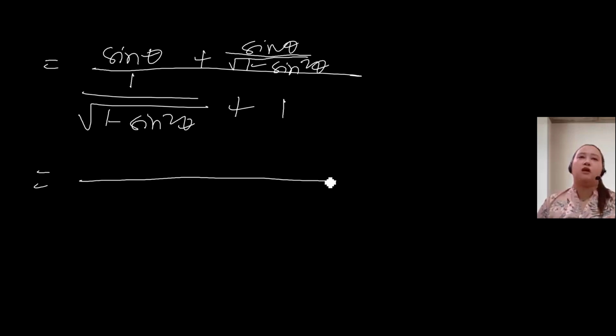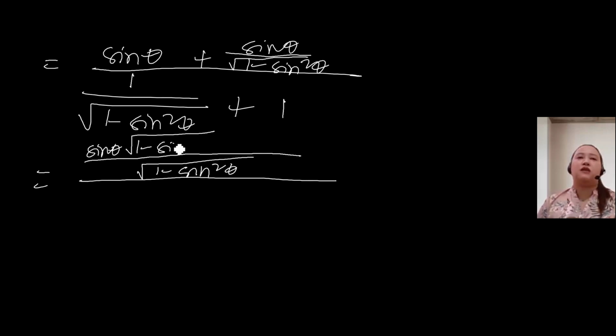For the numerator, let us apply the LCD so we can add this, since the second term is a fraction. The least common denominator of this is the square root of 1 minus sine squared theta. That is the LCD. So we have sine theta times the square root of 1 minus sine squared theta plus sine theta. Again, we applied here the LCD.